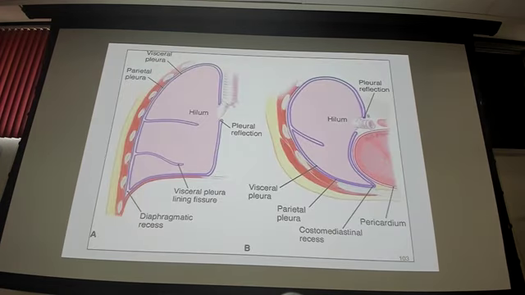And so if you see this, I don't know if we ever discussed this term, but what is a reflection in anatomy and physiology? Anybody know? It's basically a fold on itself, right? And that's exactly what happens. So the pleura reflects back onto itself. And that reflection is what creates that pleural space.